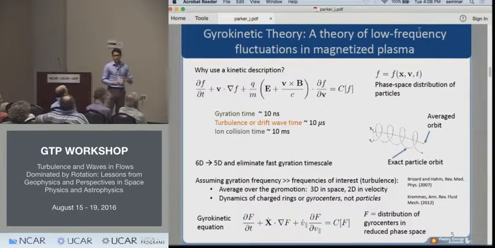This is called the gyrokinetic theory: given that separation of timescales, you average over the gyro motion, and now you have a reduced description, which is three-dimensional in space, two-dimensional in velocity. Now you're looking at the dynamics of charged rings, sometimes called gyrocenters, instead of particles. So you get what's called a gyrokinetic equation, again an equation for a distribution of gyrocenters in a reduced phase space.